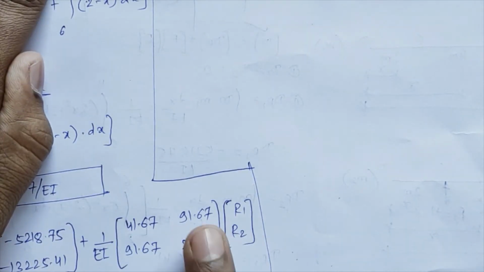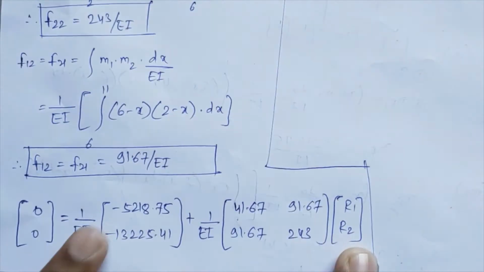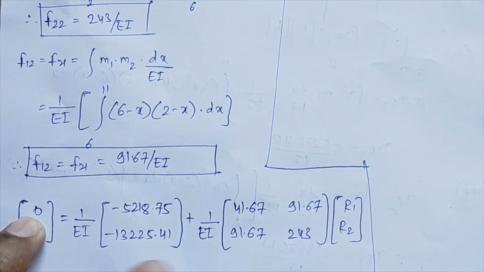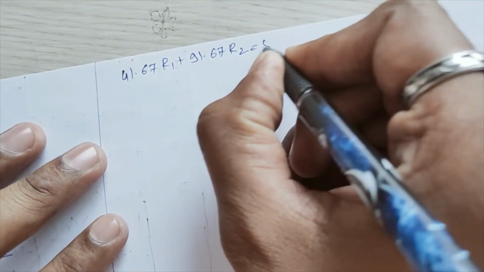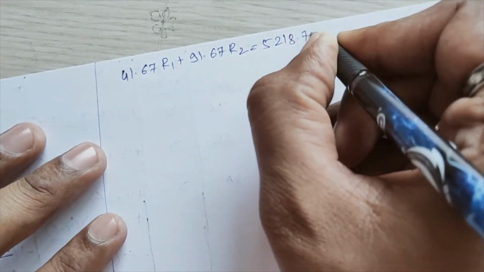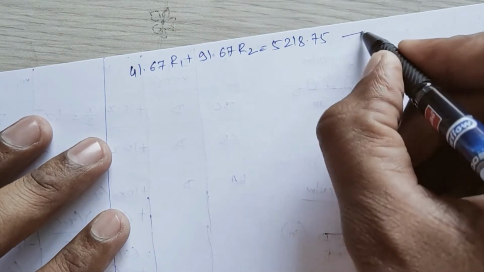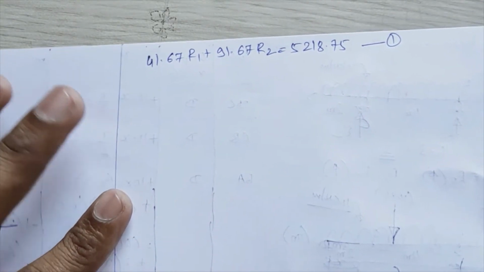The EI here is 0, so that will give 0, and the 5218.75 after going to the LHS will become positive. So I am getting plus 5218.75 as equation number 1.